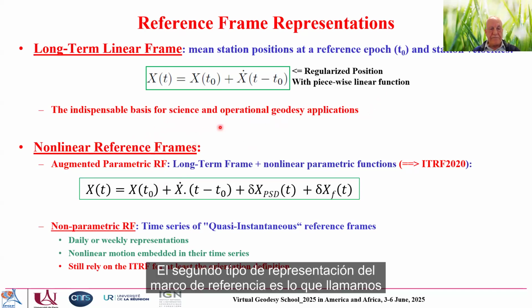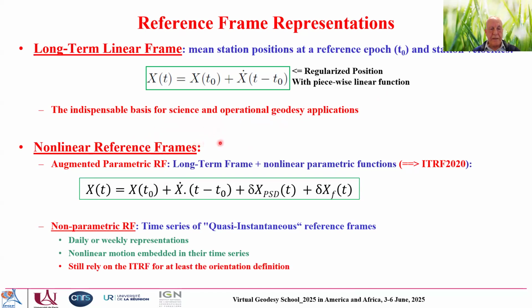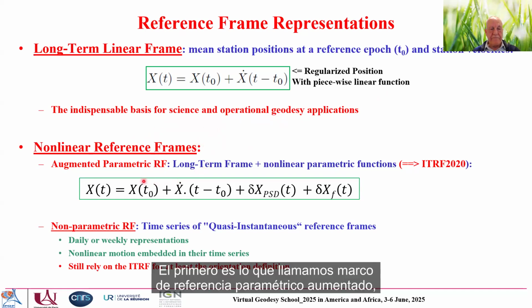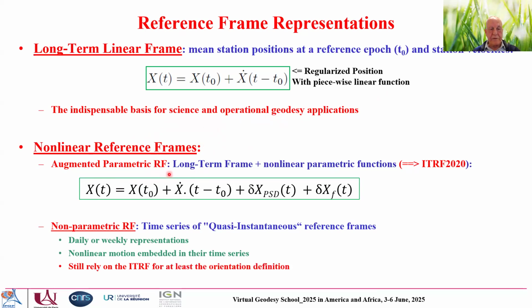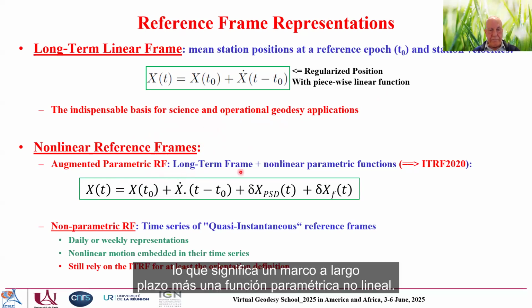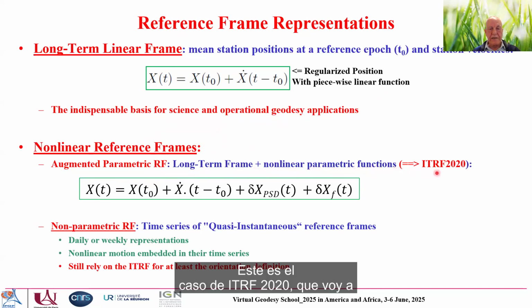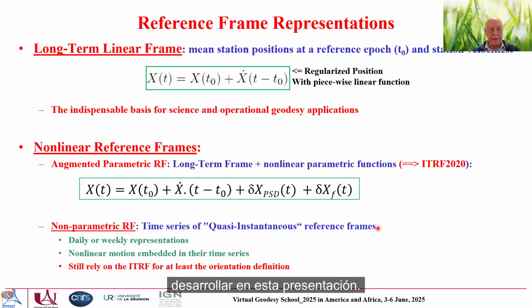The second type of reference frame representation is what we call non-linear reference frame. And here we have two kinds. The first one is what we call the augmented parametric reference frame, which means long-term frame plus non-linear parametric functions. And this is the case of ITRF 2020, which I will develop in this presentation.